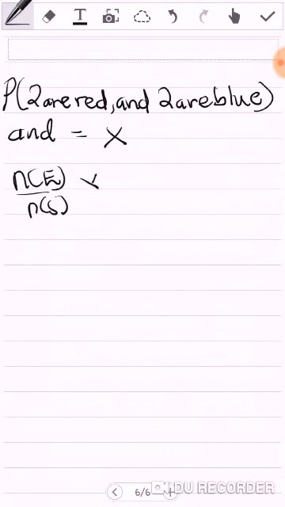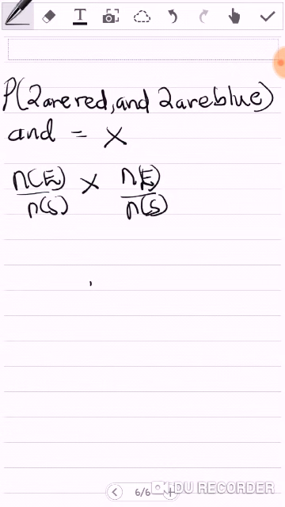But then this one, it's 2 of them are red, 2 of them are blue. And I told you that "and" in probability is multiplication. So let's go on. So we already know the formula. n(E) over n(S) times n(E) over n(S). I hope you're understanding here.